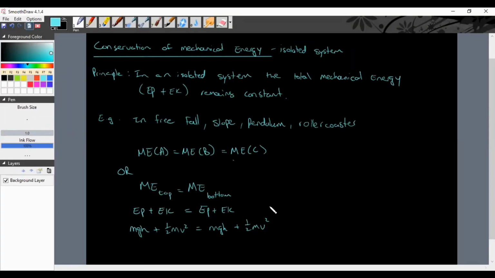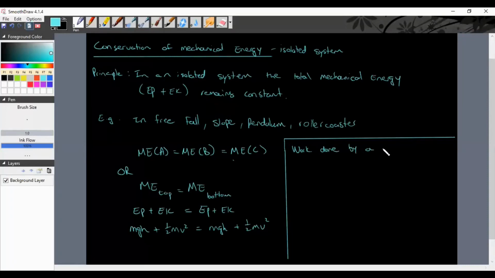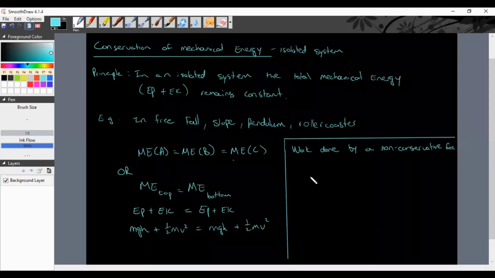So if you want to have a look here just on the side, what is the formula if I'm not told what type of force it is, I'm just told it's a non-conservative force. The work done by a non-conservative force, by the way, is denoted as WNC. NC is non-conservative. Okay?